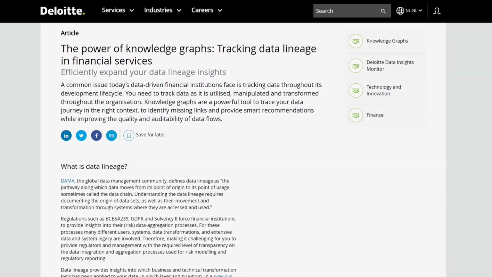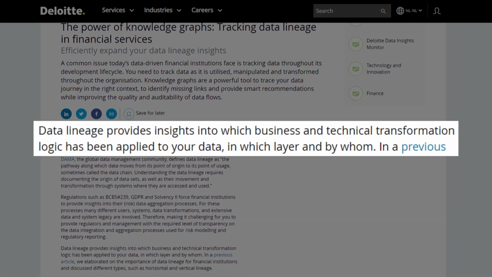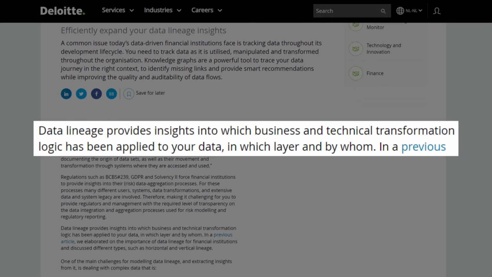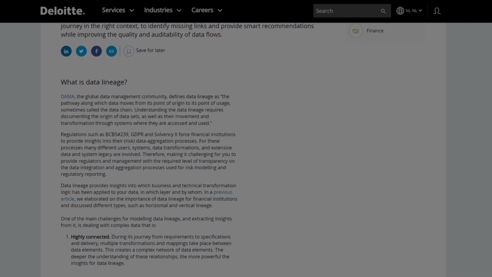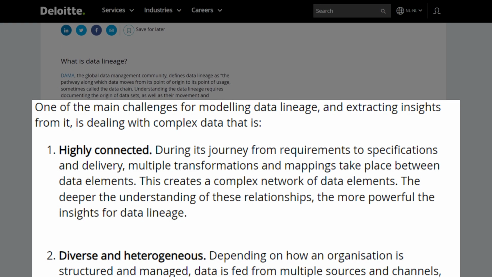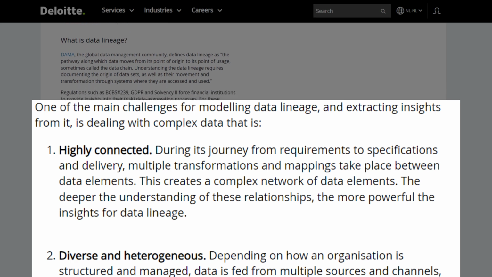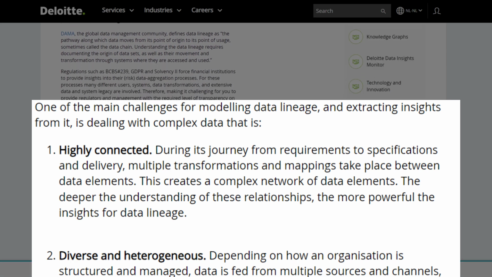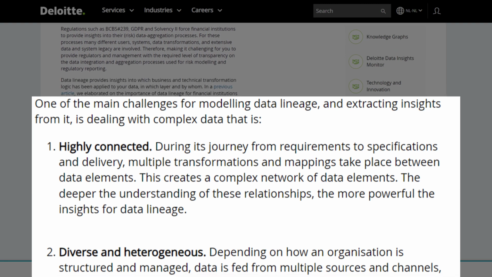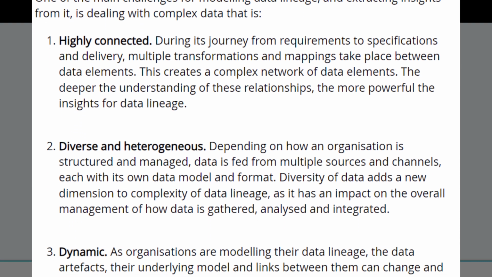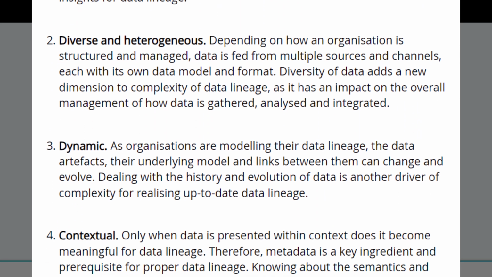Deloitte says, data lineage provides insight into which business and technical transformation logic has been applied to your data. They go on to say, one of the main challenges for modeling data lineage and extracting insights from it is dealing with complex data that is highly connected, diverse and heterogeneous, dynamic, and contextual.